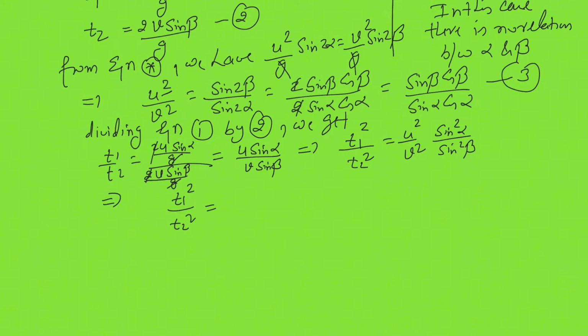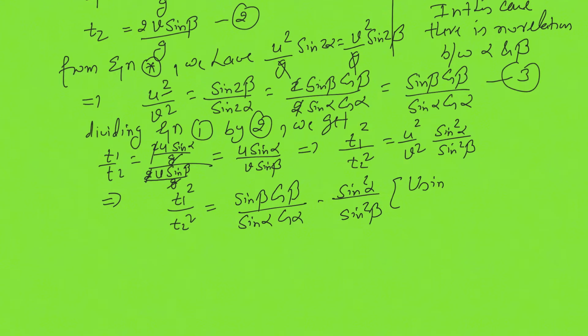So I am going to put the value sine beta cos beta by sine alpha cos alpha, dot sine square alpha by sine square beta, right here using equation 3.